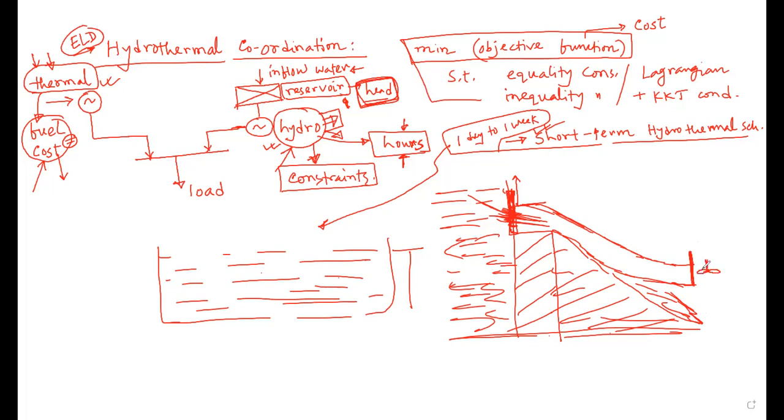This is your turbine blade, and from here it goes to your generating station, so the turbine blade will rotate with the help of the water flow through the penstock.